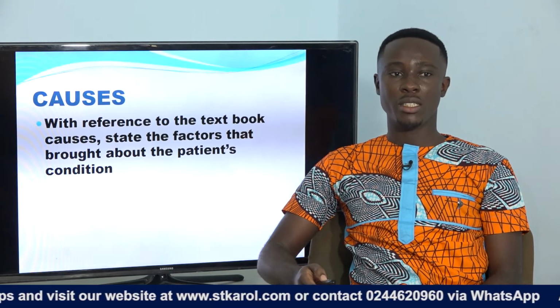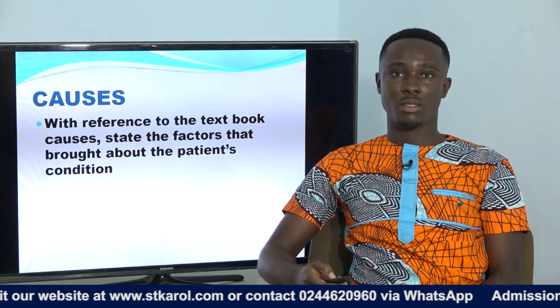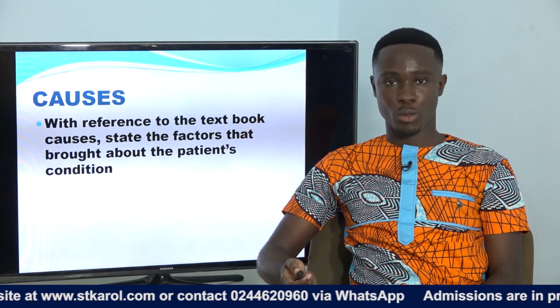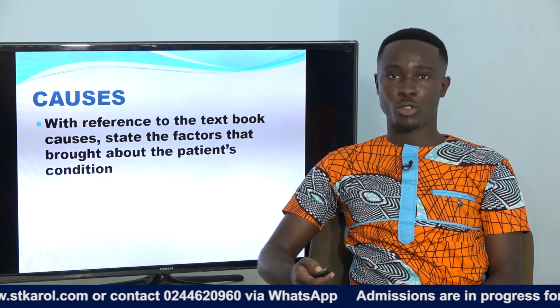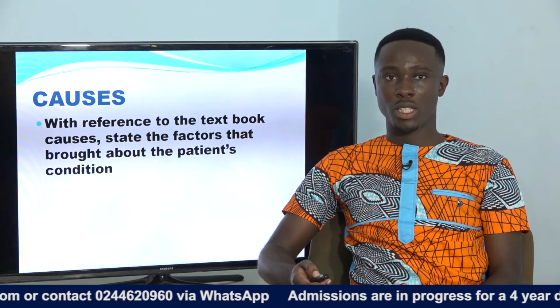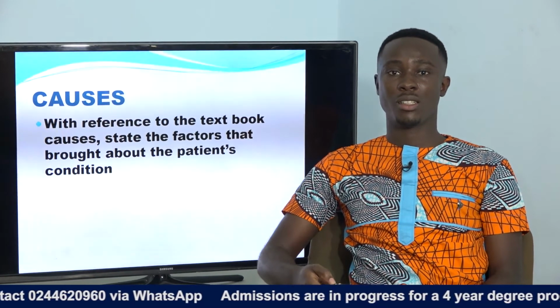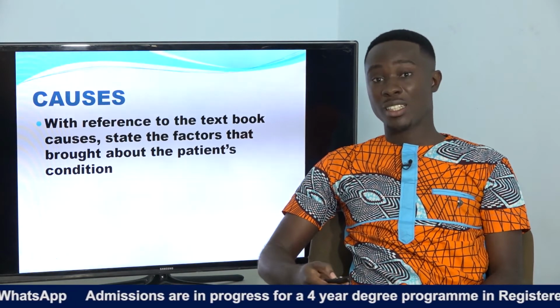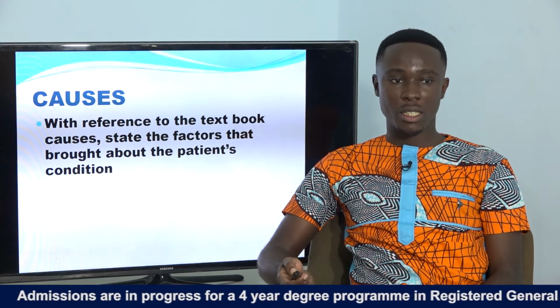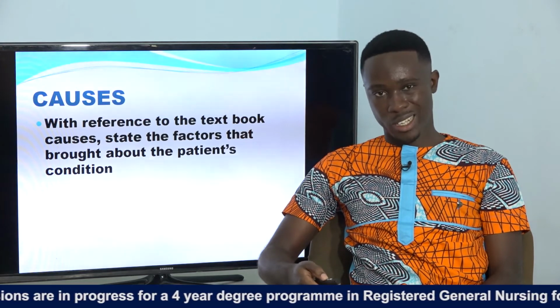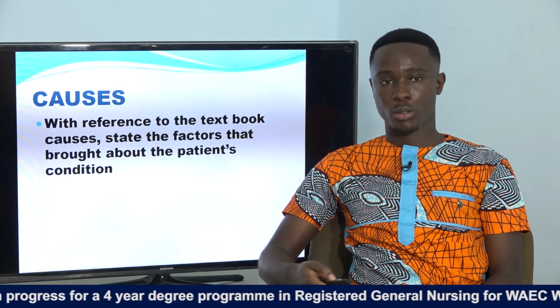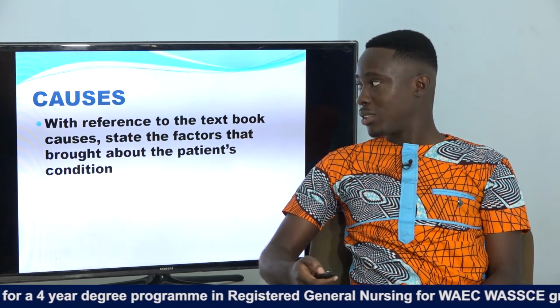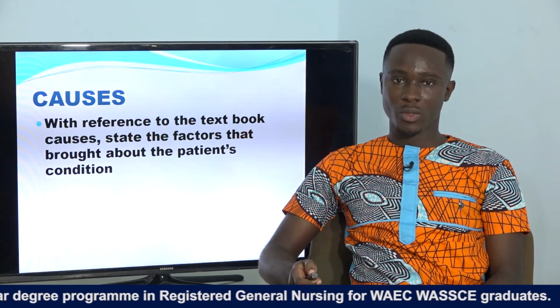Let's say a fracture can be caused by a fall or in a road traffic accident. So if your patient's condition is fracture, you have to state that it was caused by either, let's say, a road traffic accident or a fall. That is for the causes.